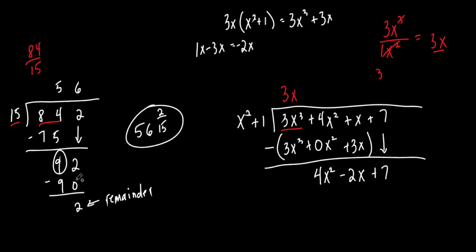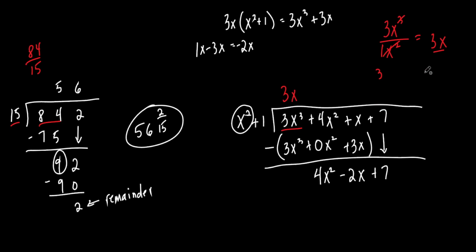Now, what do we do here after we brought down the 2? We said, how many times does 15 divide into what? 92. So what are we going to do here? How many times does x squared divide into this whole thing right here? And actually, we can just do the first one. How many times does x squared go into 4x squared?